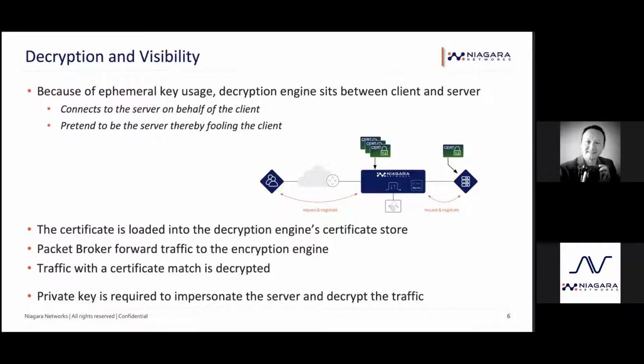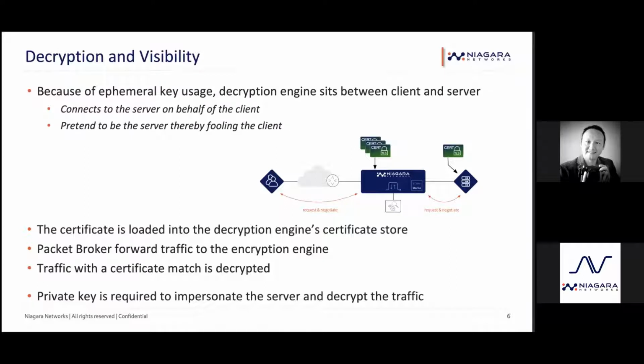So it connects to the server on behalf of the client, as I mentioned before, and it pretends to be the server, thereby fooling the client and letting the client think that it actually talks to the server, which isn't true. It's connecting to the packet broker or to the SSL engine.